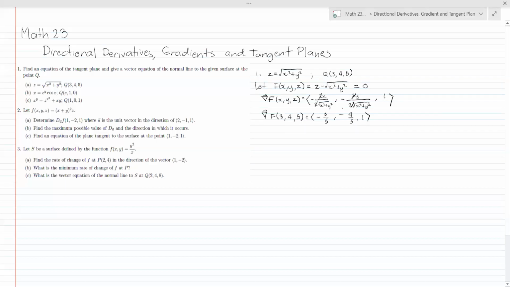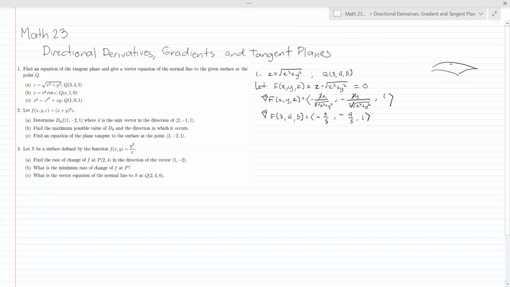Okay, so bakit kailangan yung gradient nitong capital F? Kasi itong gradient ni capital F, ito yung vector such that perpendicular to the surface at point Q. So parang we can imagine na let's say yung surface natin ay ganyan.